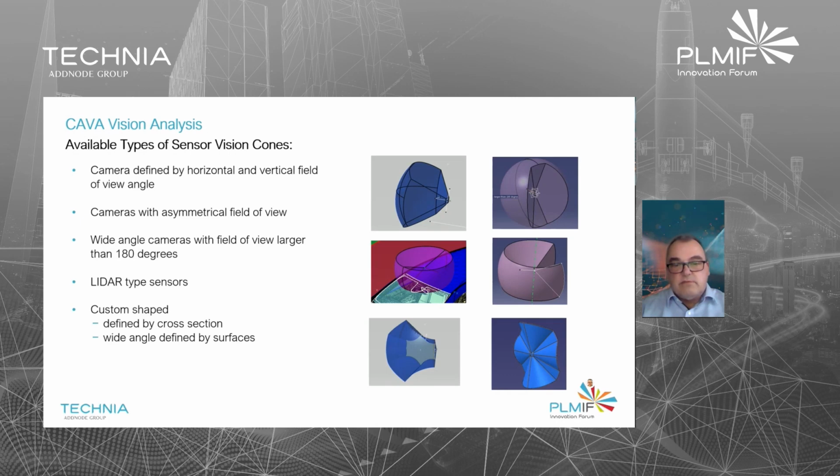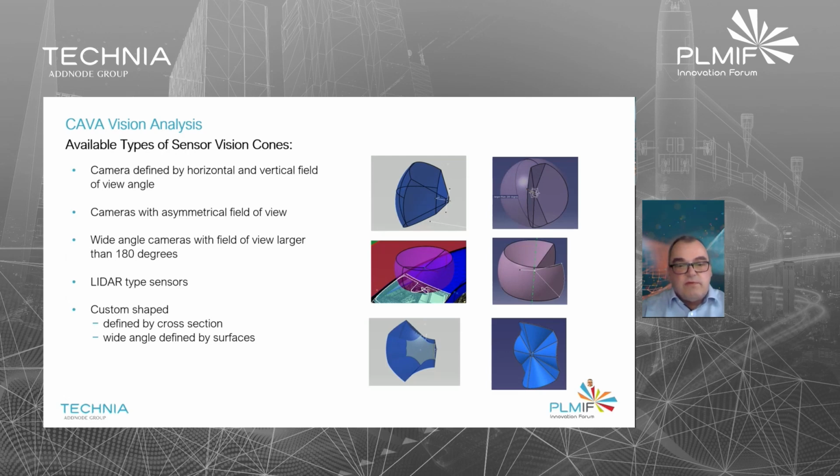And the other types are the LiDAR type, which is some kind of rotational beacon type, so a rotating laser going up and down and moving around an axis, with a certain range it can detect with this kind of sensor. And the most flexible is the custom shape.